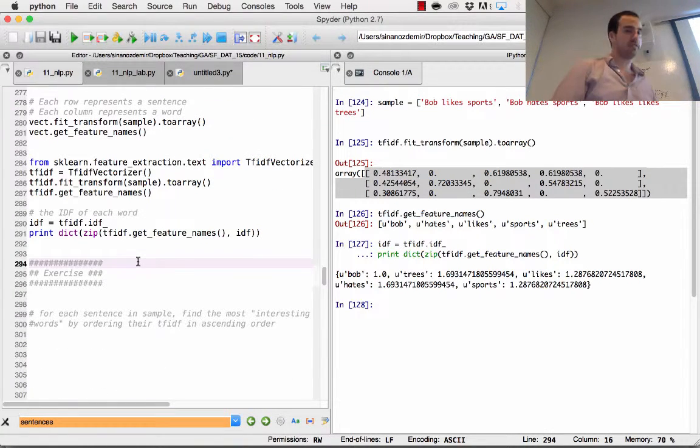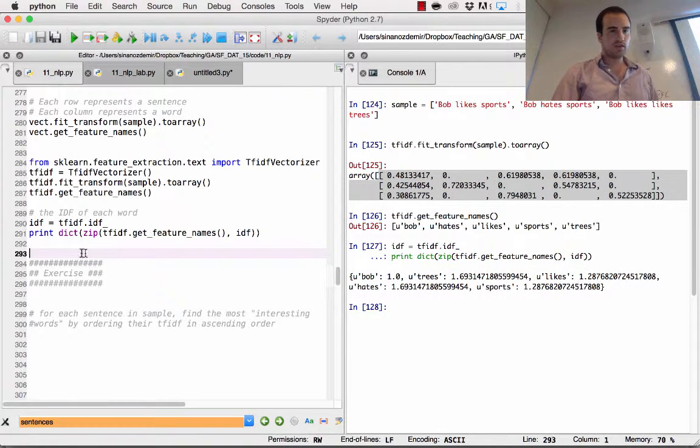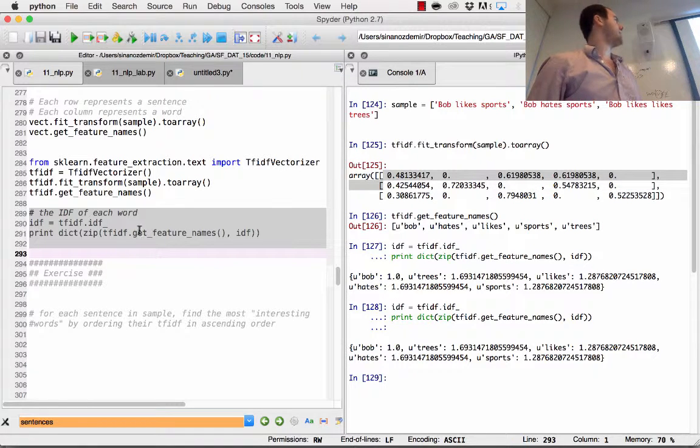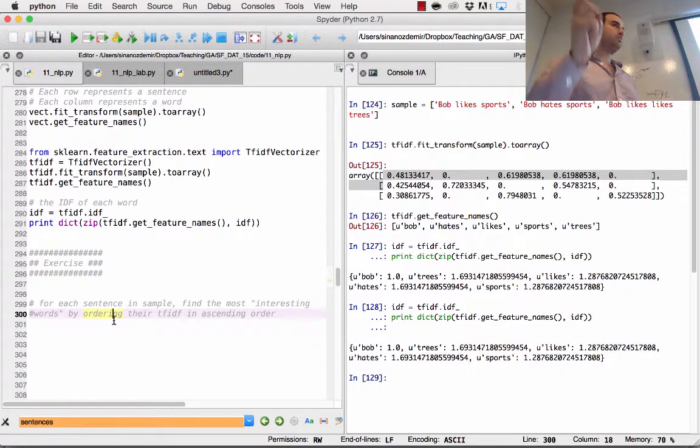So, as an exercise. I give you the TF-IDF matrix, and you have the IDFs of each word. Here's an exercise. It'll take some thought, and you can't copy and paste for this one. For each sentence, Bob likes sports, Bob hates sports, sort the words by TF-IDF in ascending order.